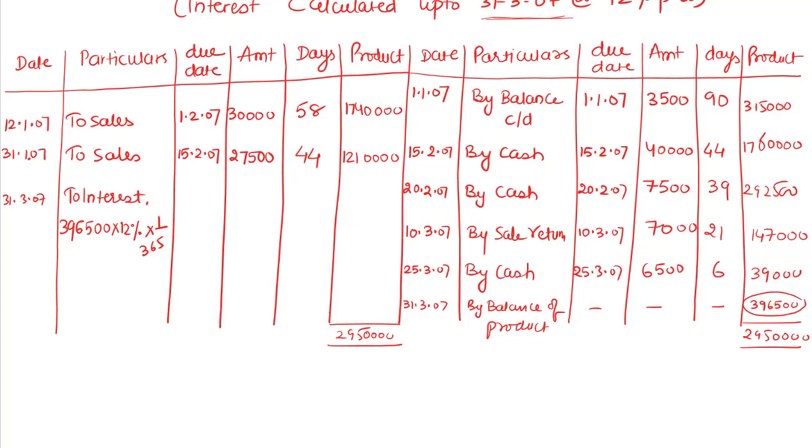Do it on your calculators. 396,500 multiplied by the rate of interest multiplied by 1 divided by 365, 130. In amount column write 130. This interest is on this balance, and now calculate the balance carried down of the amount column.